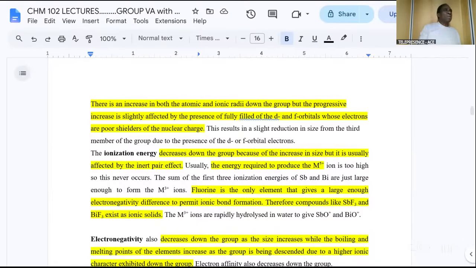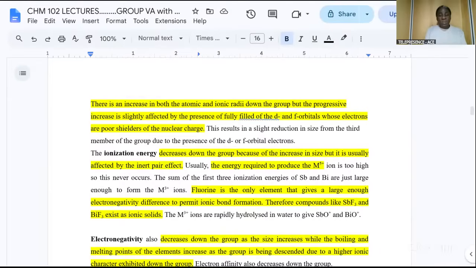There is a slight increase, but it is not significant enough to affect the ionization potential. The size increase is not as much as expected, so the ionization energy might be slightly higher.